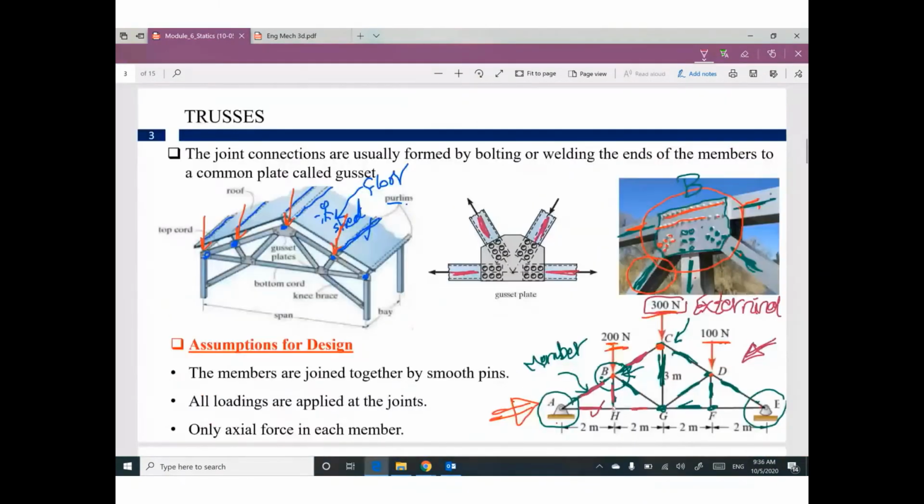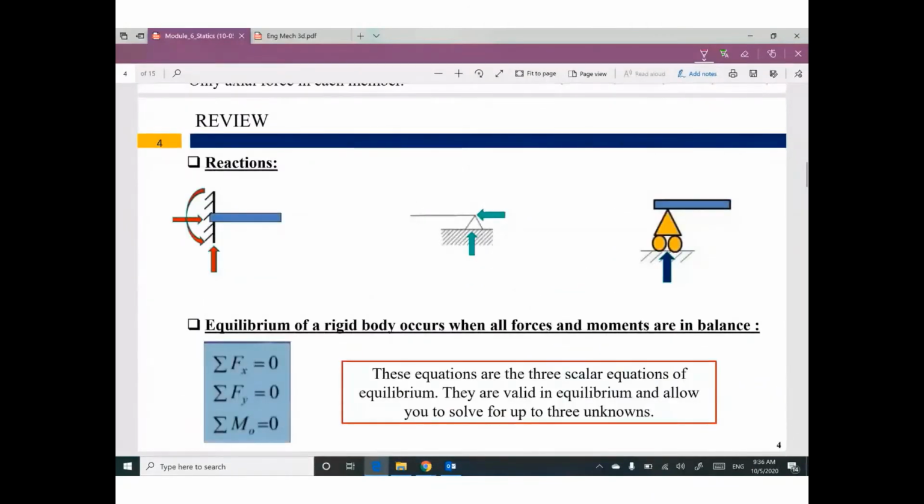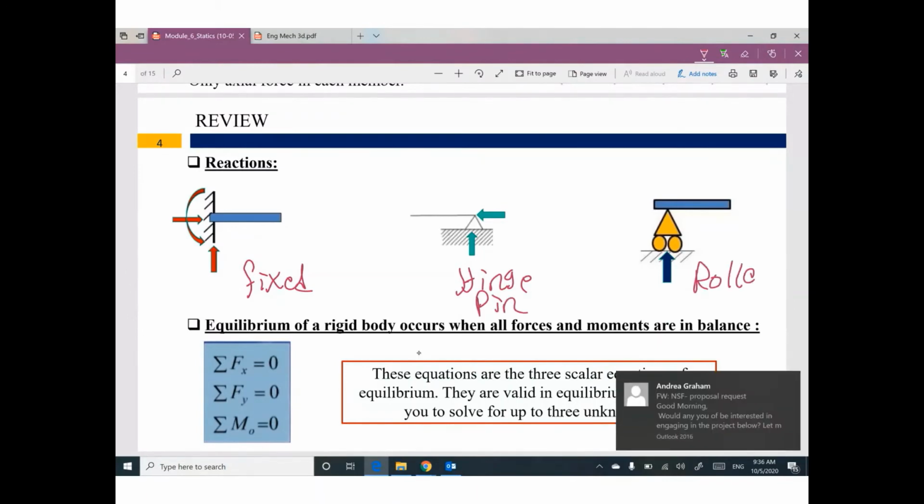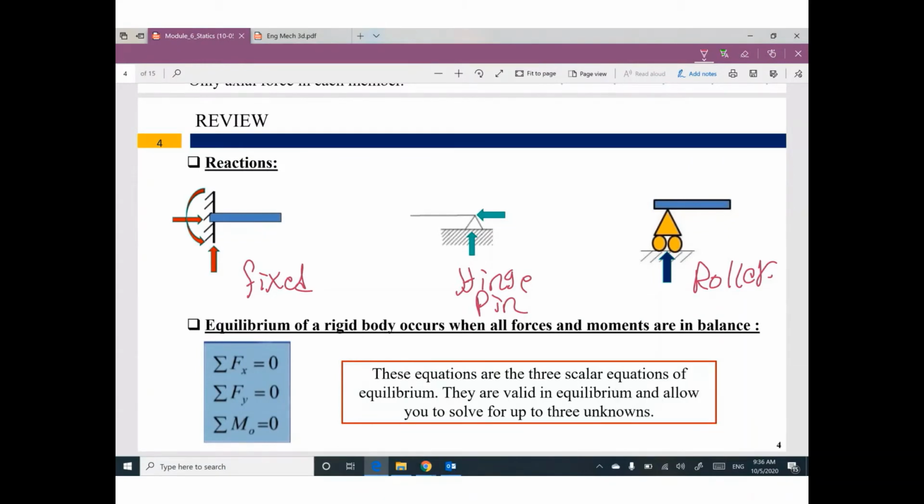Just a review. We have three types of support: one called fixed, one called hinge or pin, and one called roller. For a fixed support, we have three reactions. 99% of the time we will never see this type of support with a truss; it is probably related to a beam or frame.